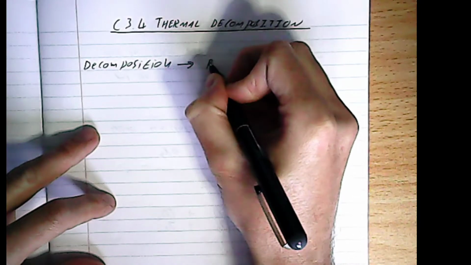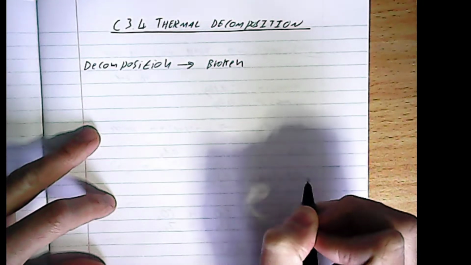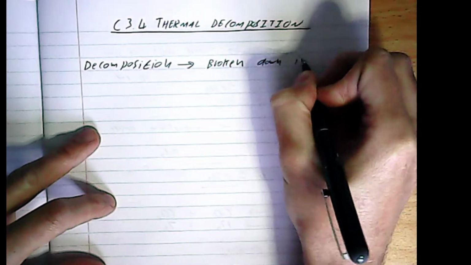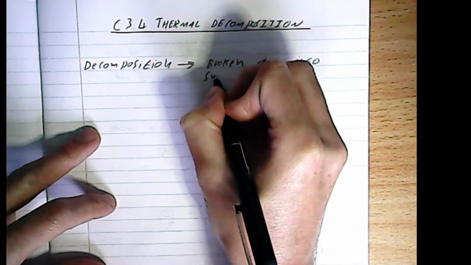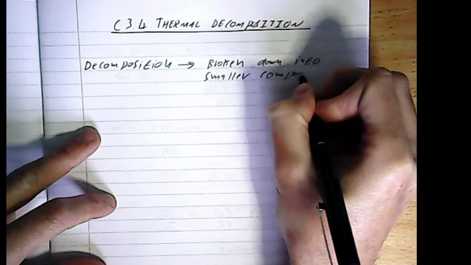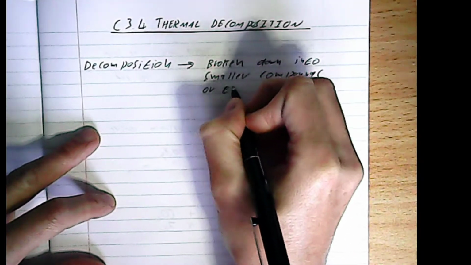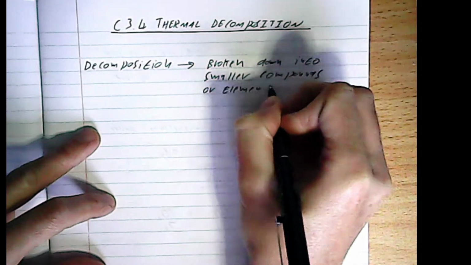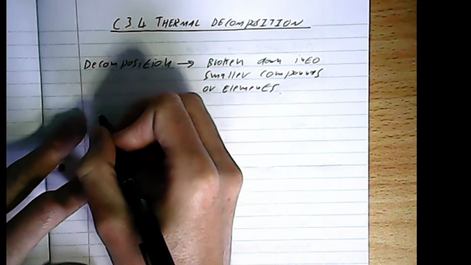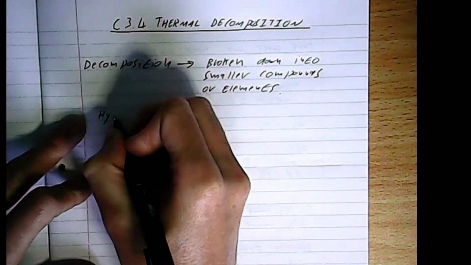So a decomposition reaction is when a compound is broken down into smaller compounds or into its elements. A nice simple example of that would be hydrogen peroxide, which is what people can use to dye their hair.